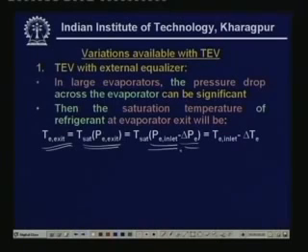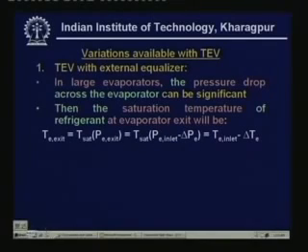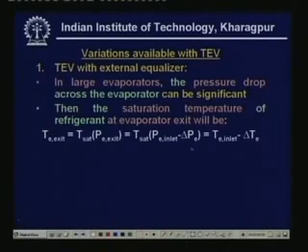When this pressure drop across the evaporator is negligible or 0, then you find that exit temperature is the same as the inlet temperature, because exit pressure is the same as the inlet pressure. But in large evaporators, especially single path evaporators, delta P can be very high.